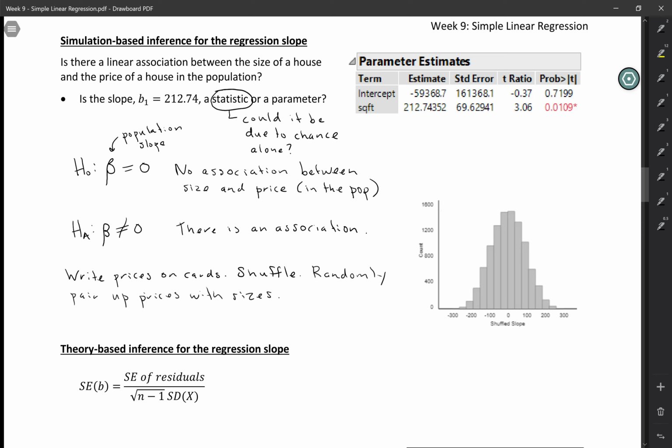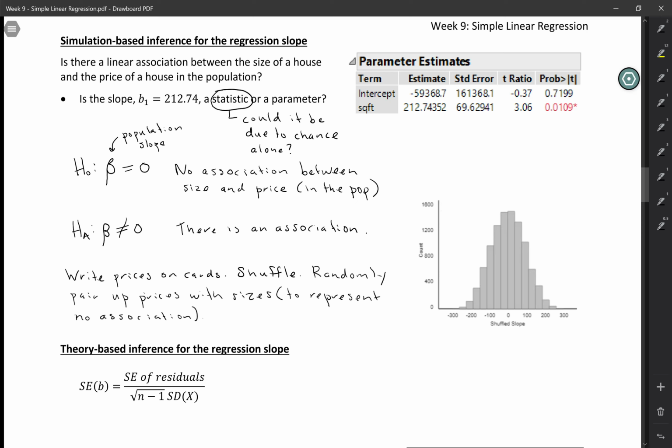As we do this, obviously if we're just randomly pairing them up, there's not going to be any association between size and price, right? Because we're just randomly matching them. So the goal is to represent no association between the variables. We want to know what values we could get if there were really no association between size and price.